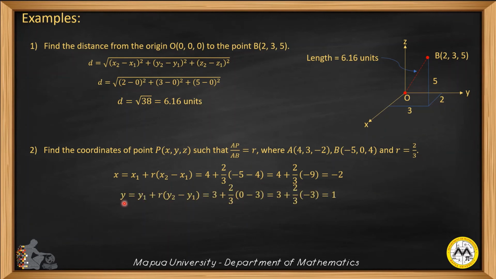Now, using this relation for y, where y is equal to y1 plus r times (y2 minus y1), y would be equal to 1. And again, correspondingly, z would be equal to 2, and therefore the point of division that would divide the segment AB in the ratio of AP to AB equal to 2/3 would be the point (-2, 1, 2).